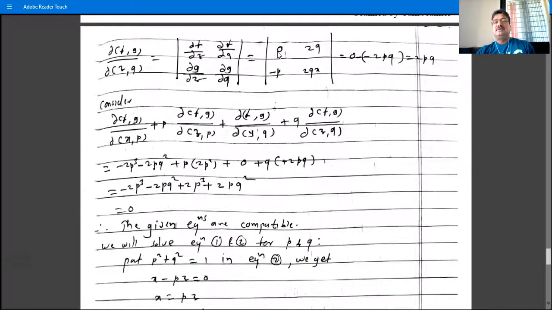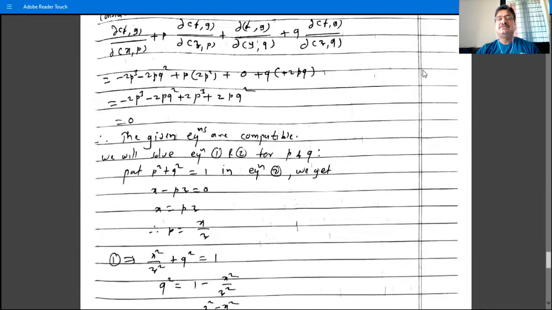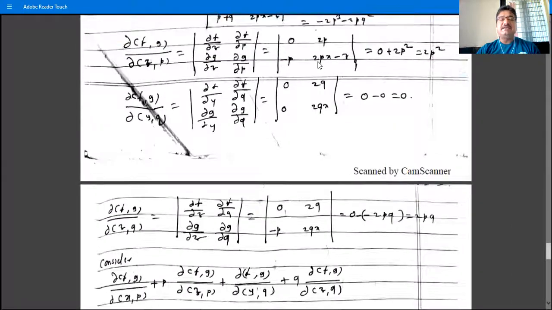And then its determinant, this into this is 0 minus (−2pq), that is plus 2pq is the answer.